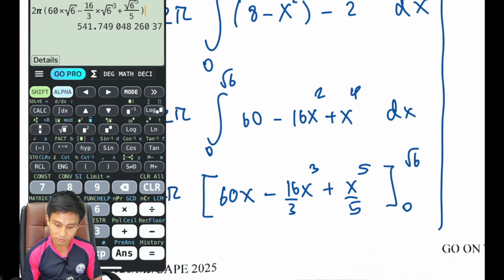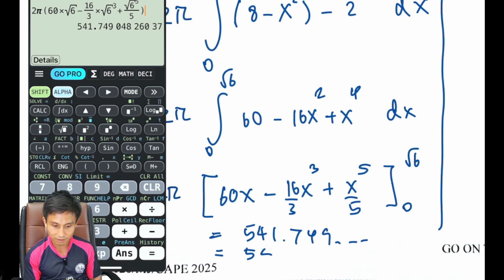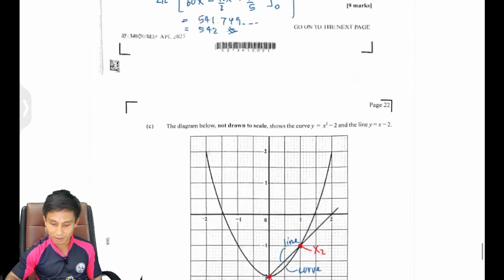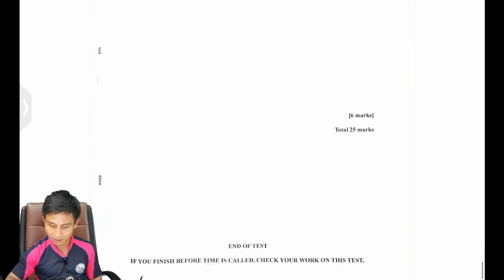Yeah, so that should be it. 541.749 and so on. So that's just 542 as the final answer there. Yeah. And I think everything else is fine. Yeah, I think I got everything.